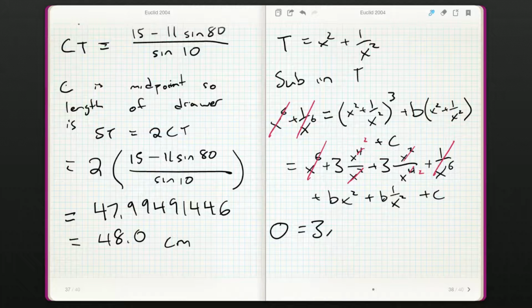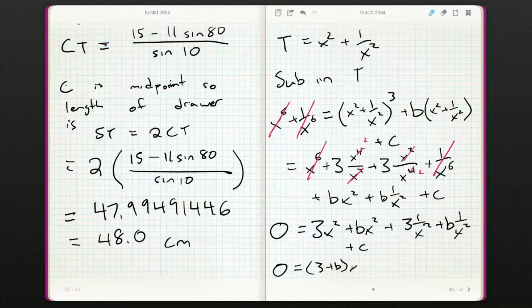We've got 3x squared, which I'll pair up with the bx squared, plus 3 over x squared, which I'll pair up with the b over x squared, plus c. So that's really 3 plus b times x squared. I'll put the c in the middle so that my powers are decreasing, and then 3 plus b again, times 1 over x squared.